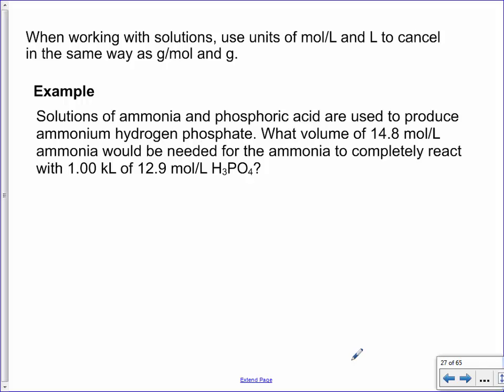H3PO4, this guy right here. It's a solution of ammonia and phosphoric acid used to produce ammonium hydrogen phosphate. And then what volume of 14 liter ammonia is needed for the ammonia to completely react.